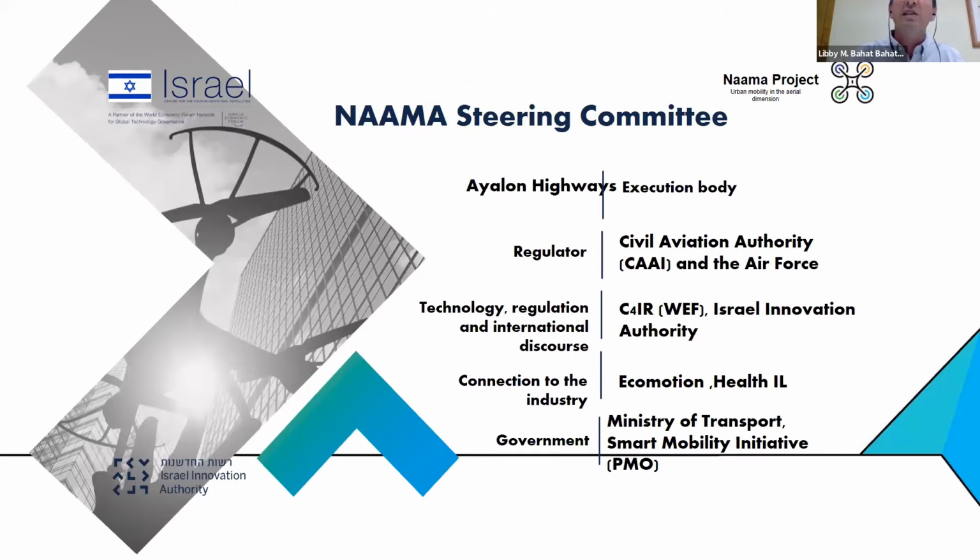So a steering committee has been established. Some of the bodies you see here are not normal for an aviation project. So you see Ayalon Highways, our highway authority, as an execution body. You see there the Israel Innovation Authority, health communities.